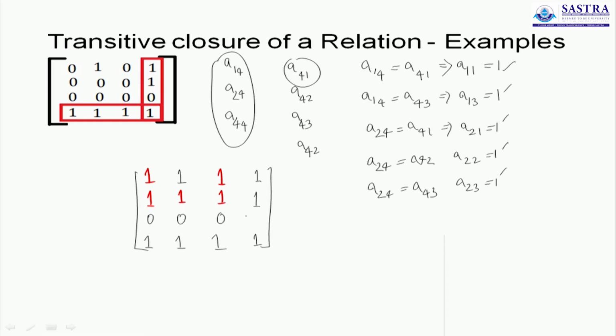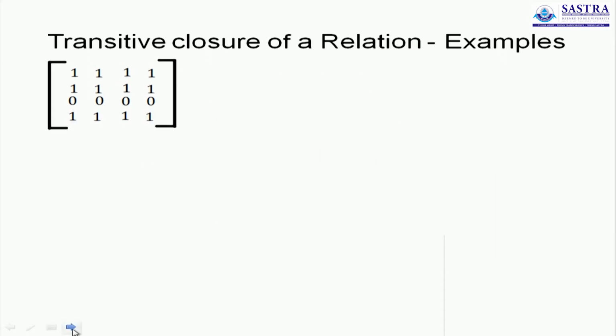So that is what will represent the transitive closure of the given relation. Now you pick any pair AB and BC, you will always find the related pair AC in the matrix. That leads us to the required answer.